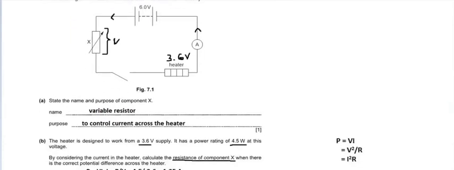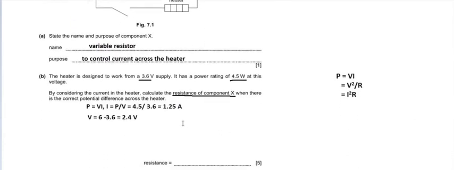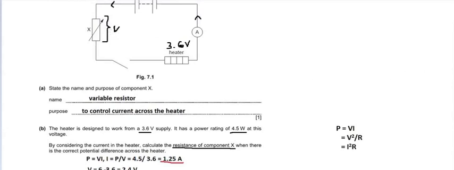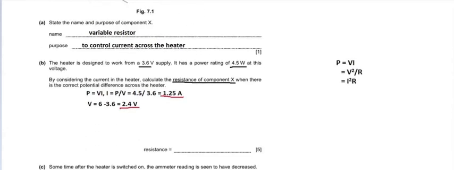So what I needed is the current through the variable resistor and the potential difference across the variable resistance. Why do we need these two values? We need them to find out the resistance of this variable resistor, and we can find that by simply using Ohm's law.